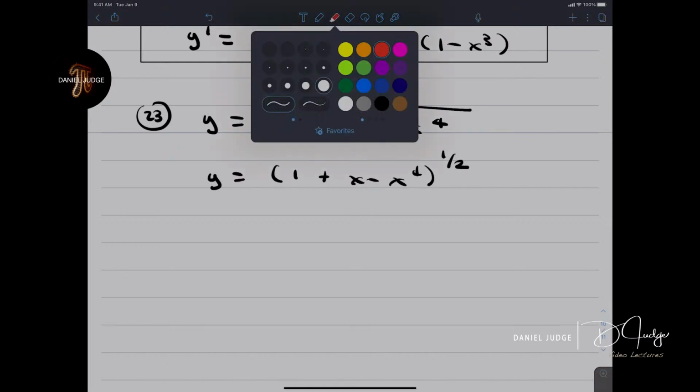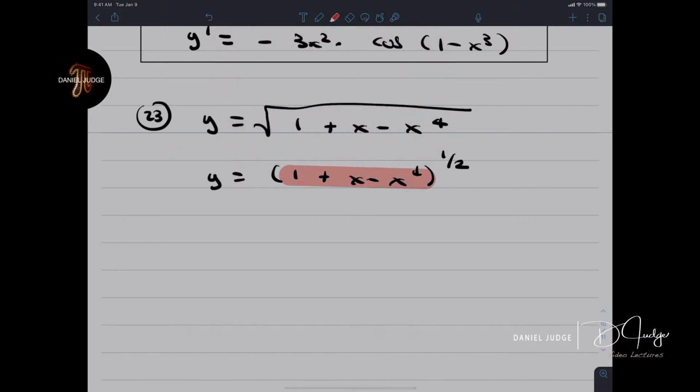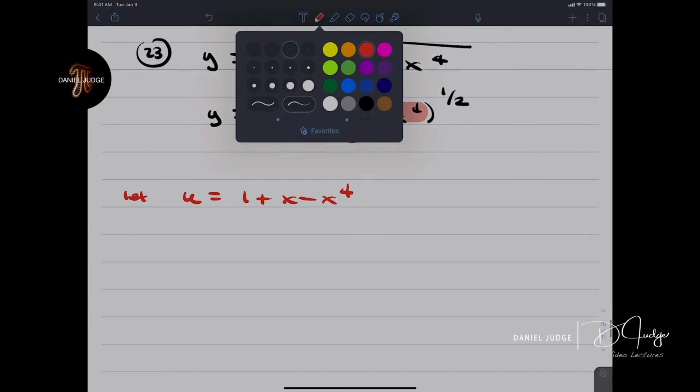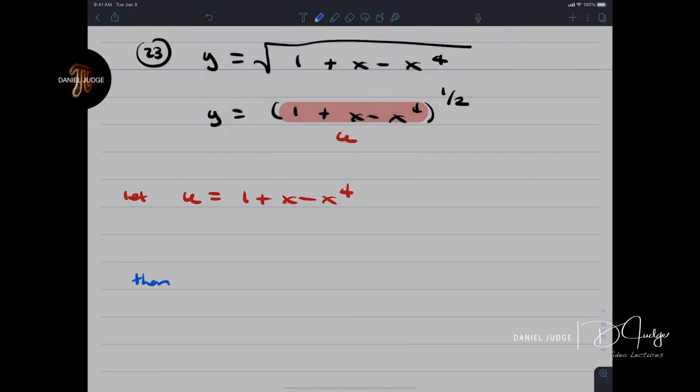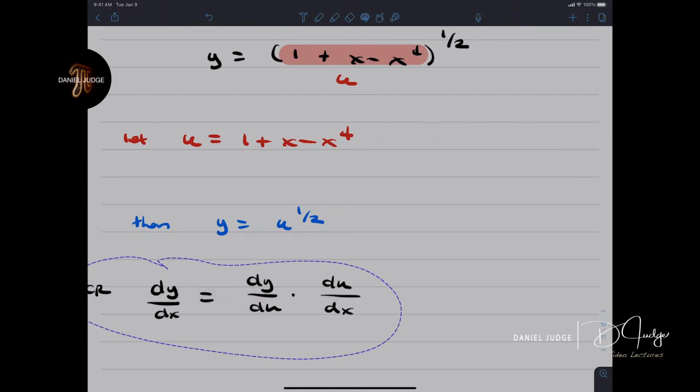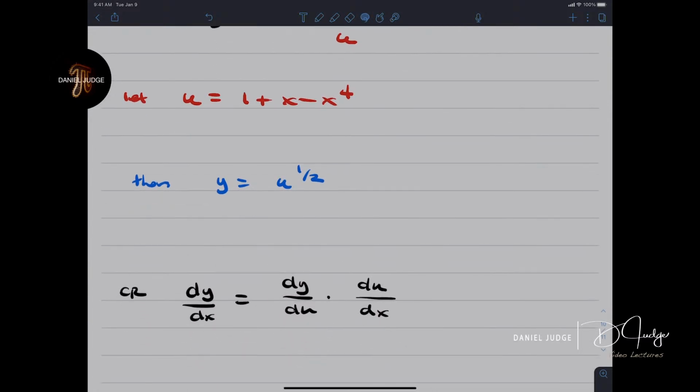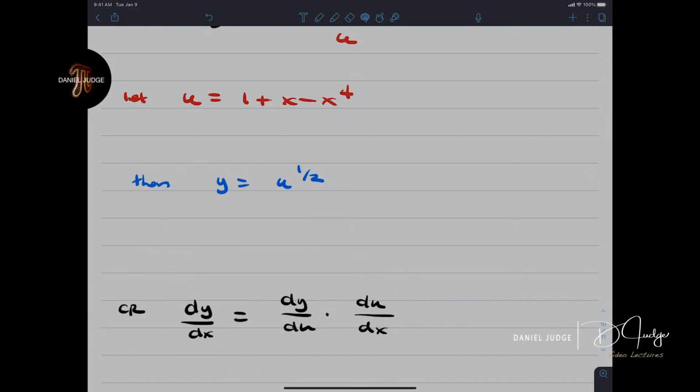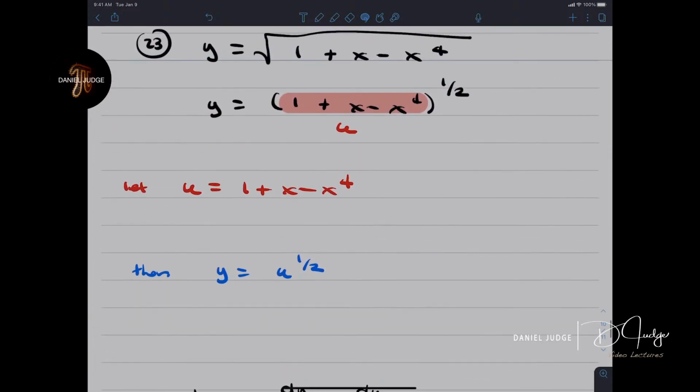So the inside function here, this is our u. So we let u be 1 plus x minus x to the 4th. Then that means y equals u to the 1/2.